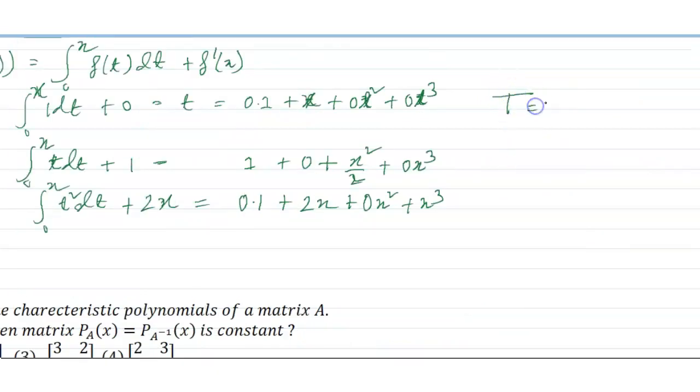And my T can be written this way, because row will be column and column will be row, so it can be written this way: 0 1 1 0 0.